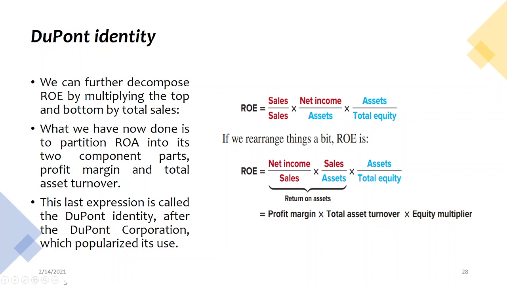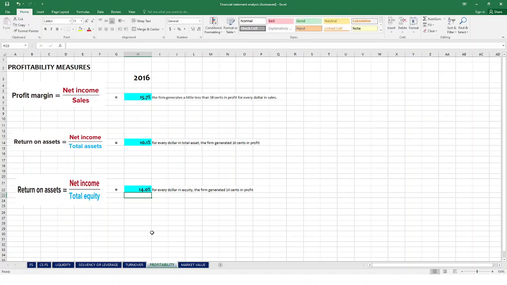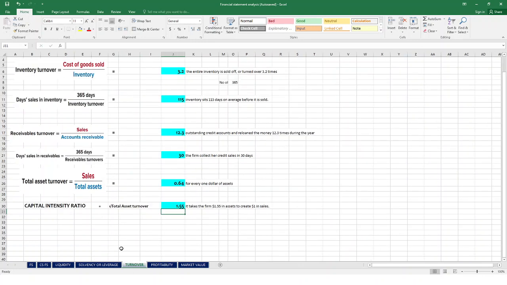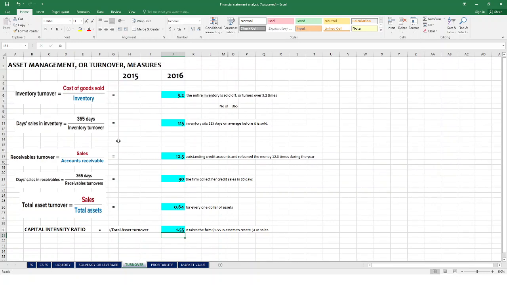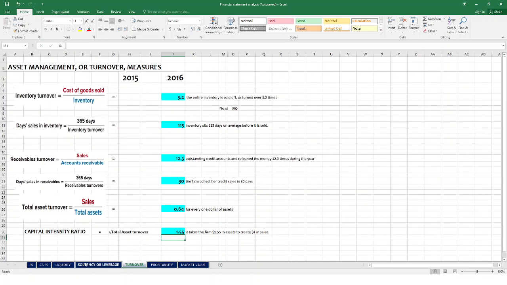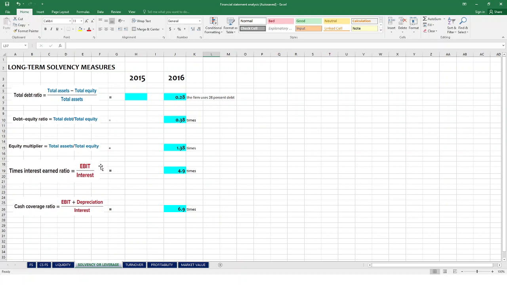So let's go back and demonstrate that, and that is the last thing in this video. If we come here, let's go back and take our equity multiplier. I think we computed the equity multiplier.